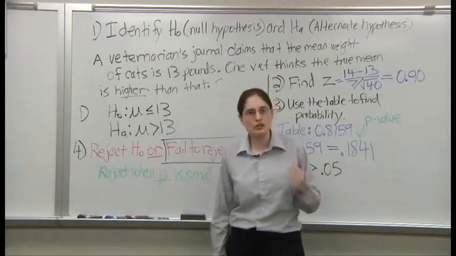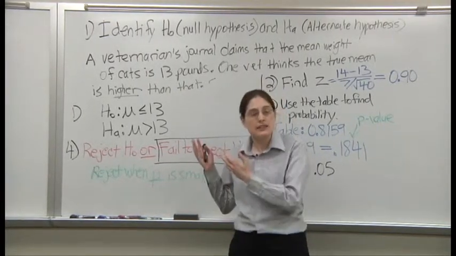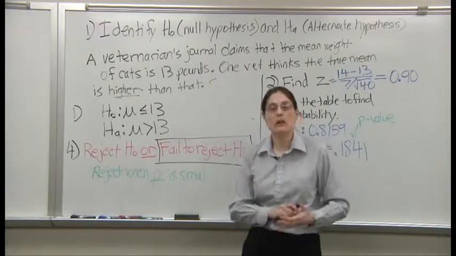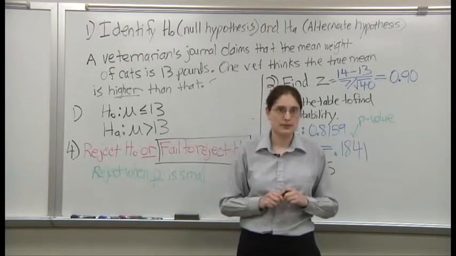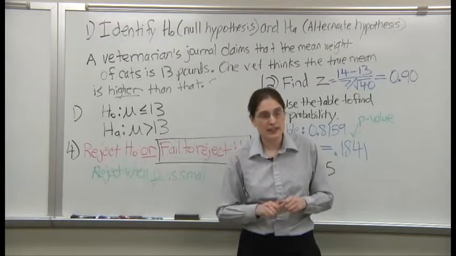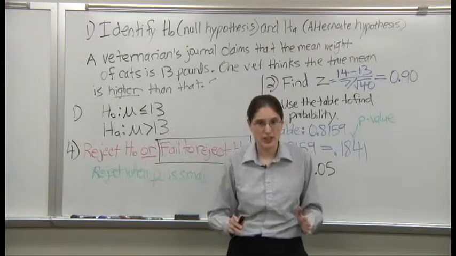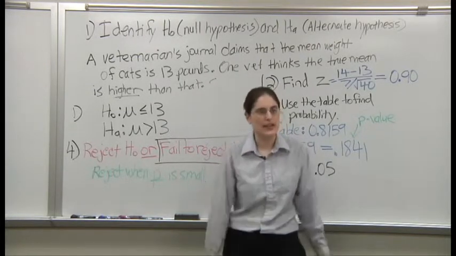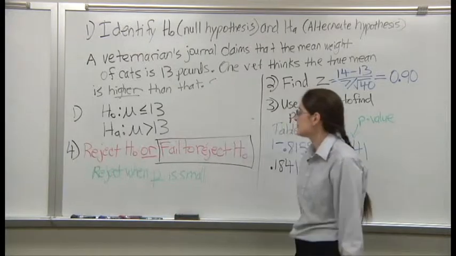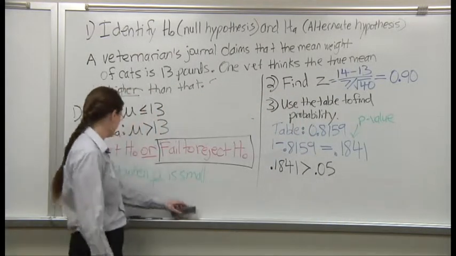We need to conclude with a sentence about cats, about the original problem. We need to explain what this means. I haven't explained anything, have I? Are you confused? You should be confused right now. This is hard. It's going to take a while for us to get the ideas here. But I will show you the last step, and then we will go on.